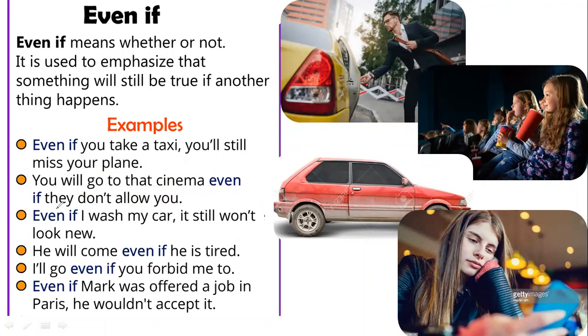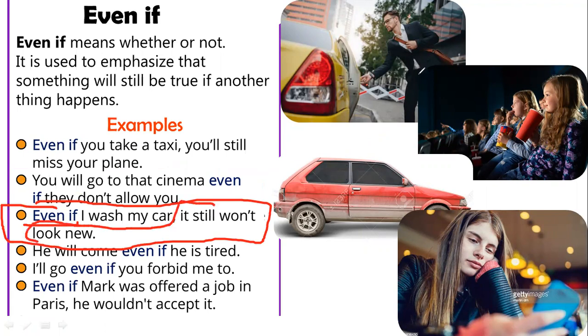Next: even if I wash my car, it still won't look new. That means if I wash my car or I don't wash my car, it doesn't matter. The result is the same. It won't look new.